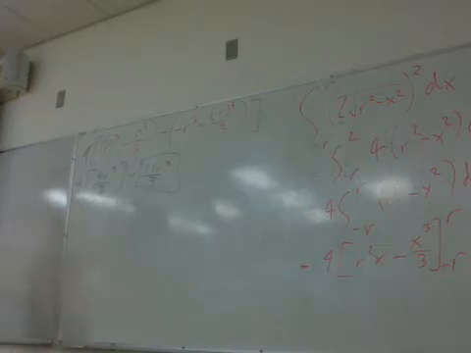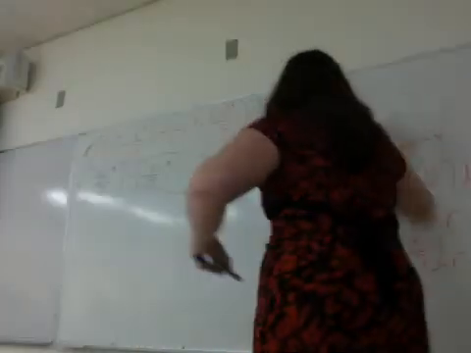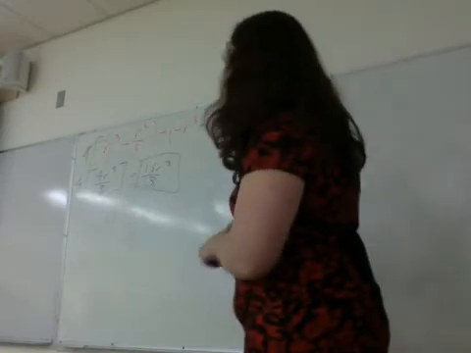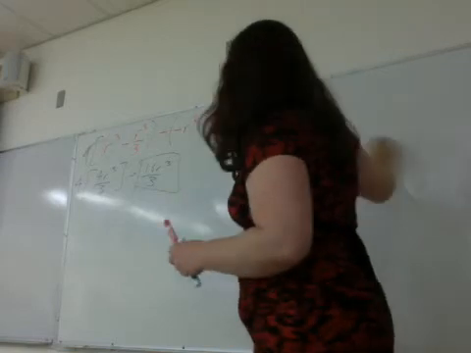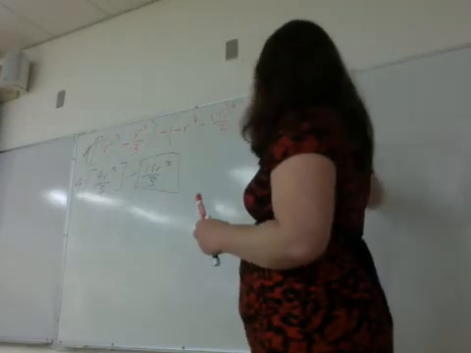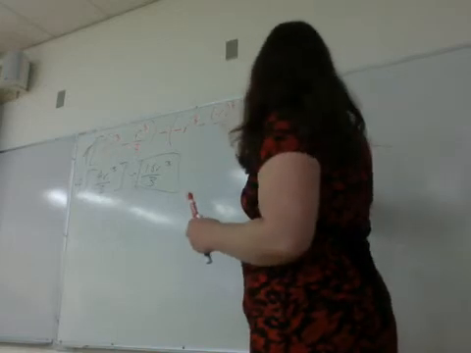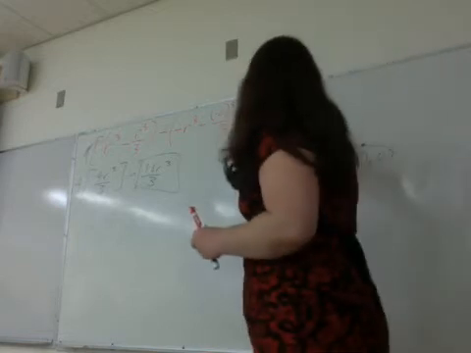Okay, so the last one, example 3. Here again, we want to find the volume of the solid. In this one, the base is a triangular region with vertices at 0, 0, 1, 0, and 0, 1. This is the point 0, 0, this is 1, 0, this is 0, 1.